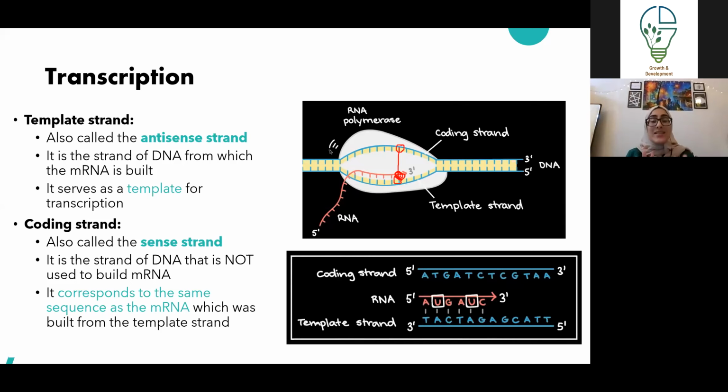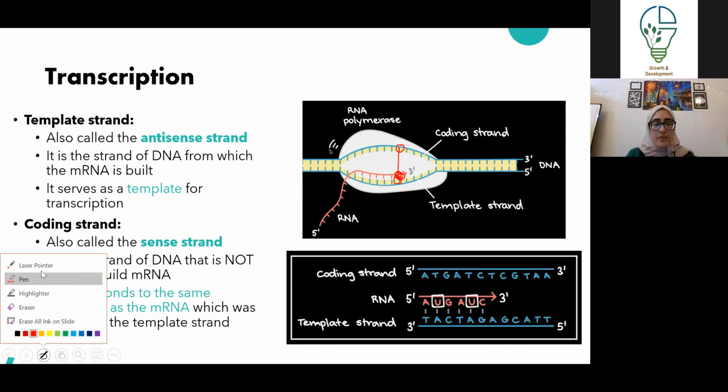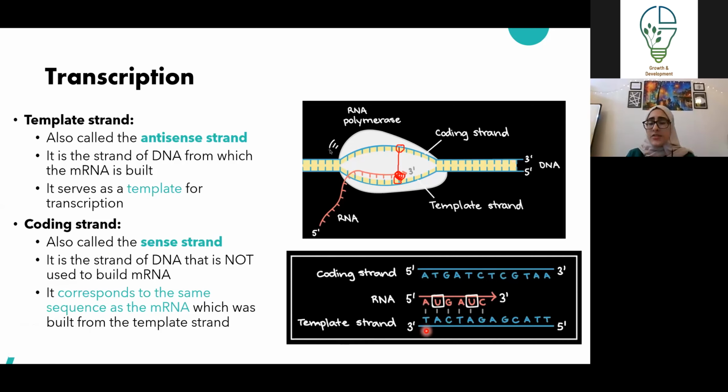The only difference being that if in the coding strand there was a thymine, in your RNA, it's now going to be called a uracil. It's not called a thymine anymore, it's called a uracil, right? So this bottom image here shows it really well. This is your template strand. Wherever you have an adenine, it becomes a uracil, whereas on the coding strand, it would be thymine.